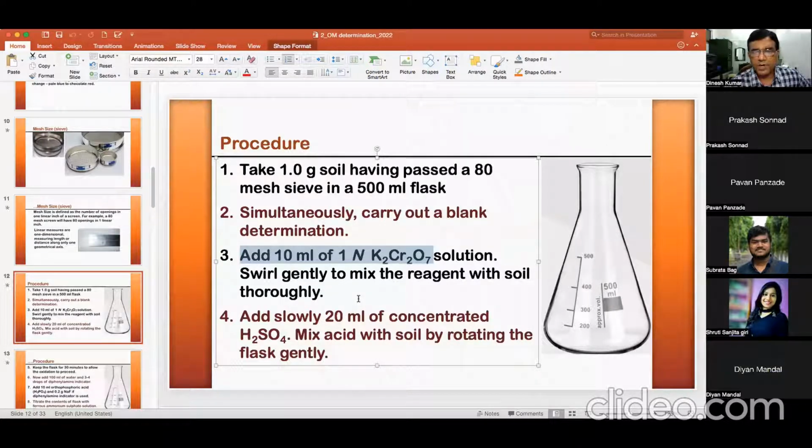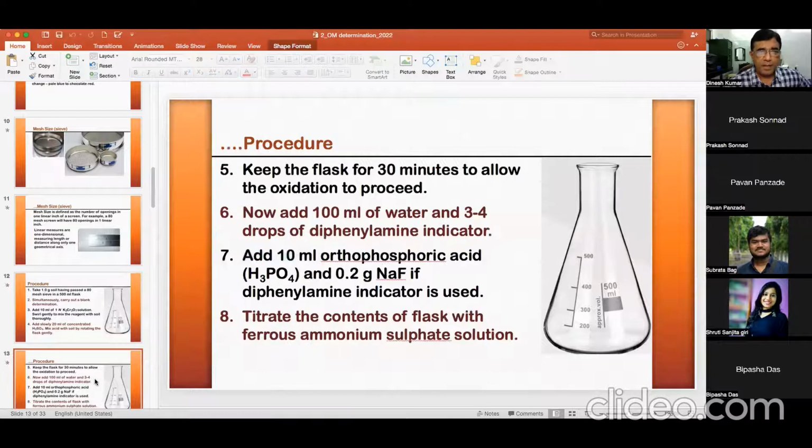Mix the acid with the soil by rotating the flask gently. You can mix it like this slowly. So now you have added 10 ml potassium dichromate and 20 ml sulfuric acid. This is concentrated sulfuric acid of 1.84 specific gravity. Now, keep the flask for 30 minutes to allow the oxidation to proceed.